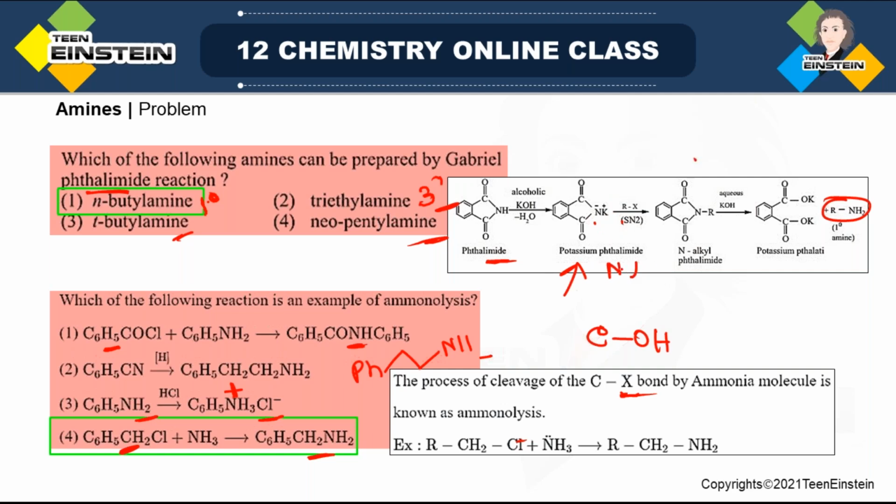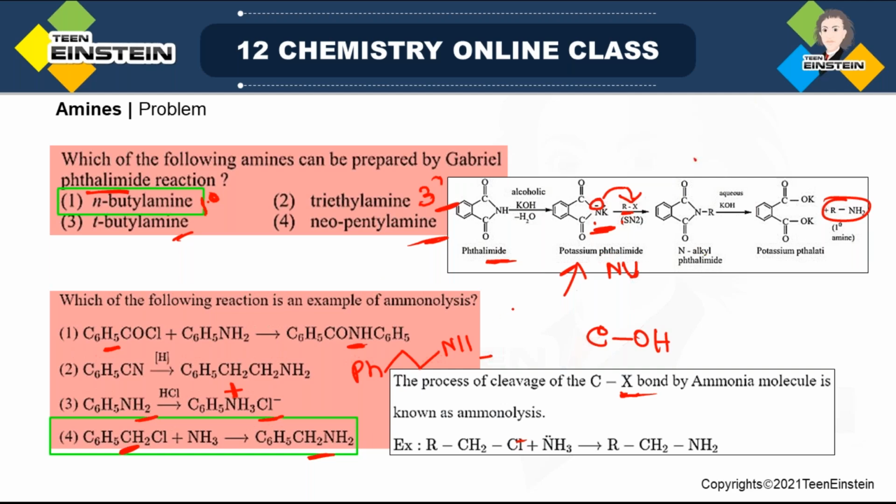This is the nucleophile, and if you look at the structure properly, this is very sterically hindered. Now, if this R group is very large in size, what will happen? The negative charge, when it will attack here, that will be sterically hindered. So that is why by this process you can make simple 1 degree amine, not just any 1 degree amine.